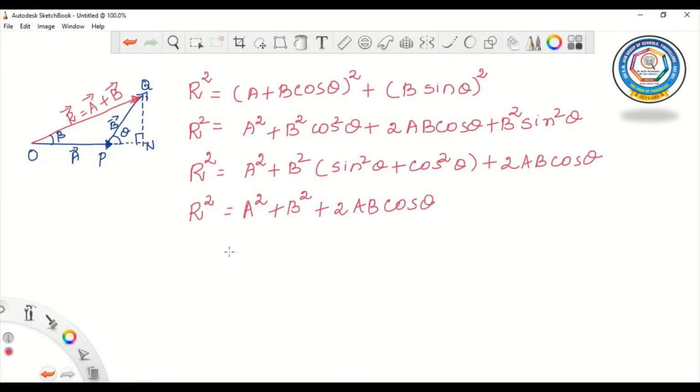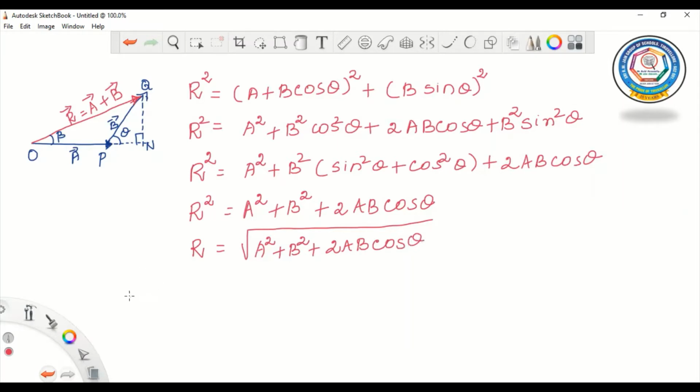So we can calculate the magnitude of the resultant by using the formula R is equal to root of A square plus B square plus 2AB cos theta.